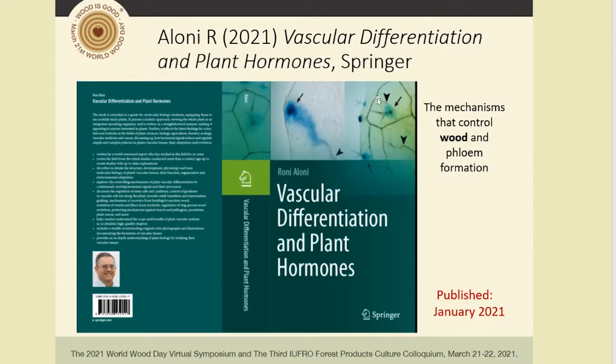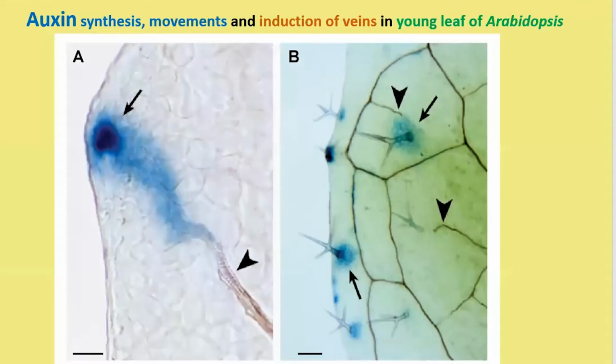Now I would like to start with these two photos, and I'm going to show them in a higher magnification. The primary signal that induces plant growth and wood formation is auxin.